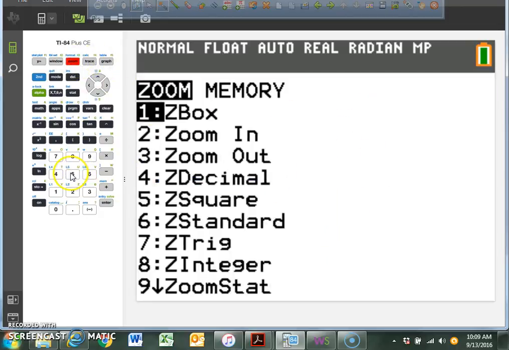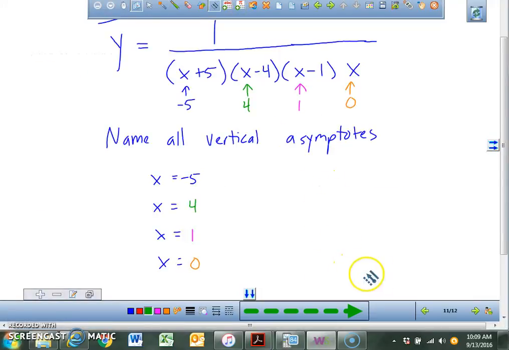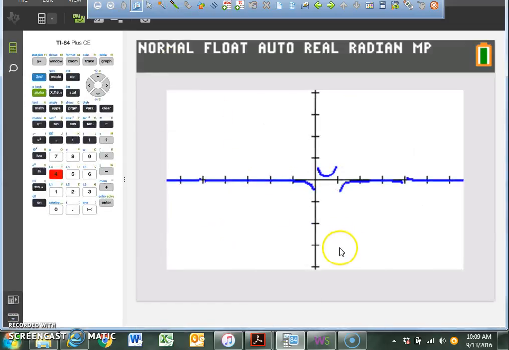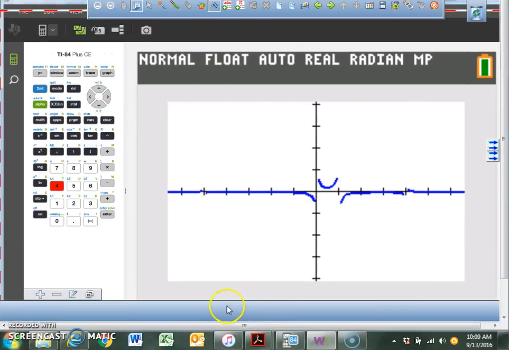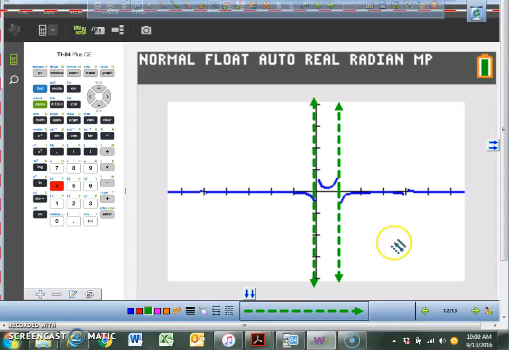But let me finish the drawing here. So it's kind of hard to see, so I'm going to draw them in real quick. Make it a little bit thinner though. So right here, we have an asymptote at 0. We have an asymptote right here at 1.